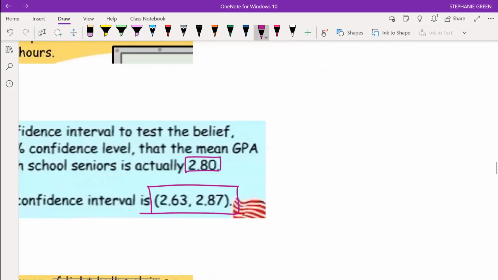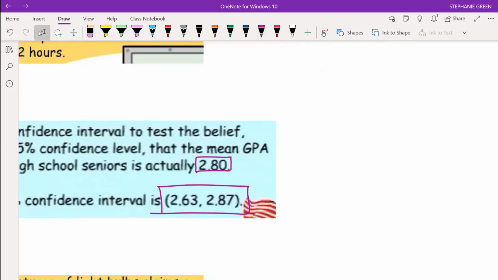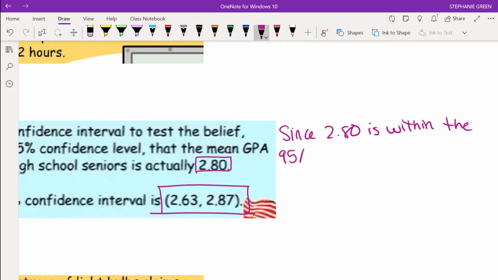Well, since 2.80 is within the 95% confidence interval, right? 2.8 is between these two numbers, is it not? That means there is a possibility that it could be the true mean.